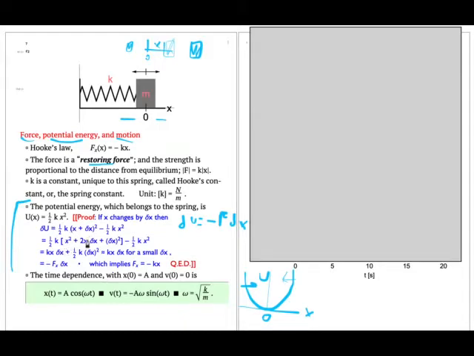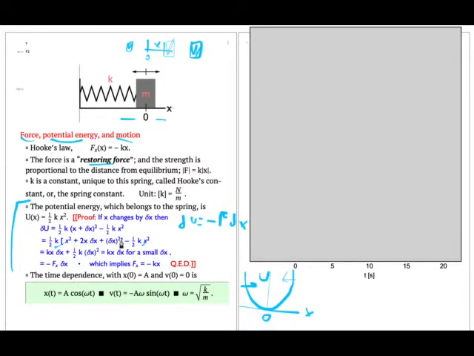So here's x squared plus 2x delta x plus delta x squared, and then minus 1/2 kx squared. Now you see this term, 1/2 kx squared, will cancel the other 1/2 kx squared. But then I'll have left 1/2 k times 2x delta x. That's kx delta x. And another term, 1/2 k delta x squared.